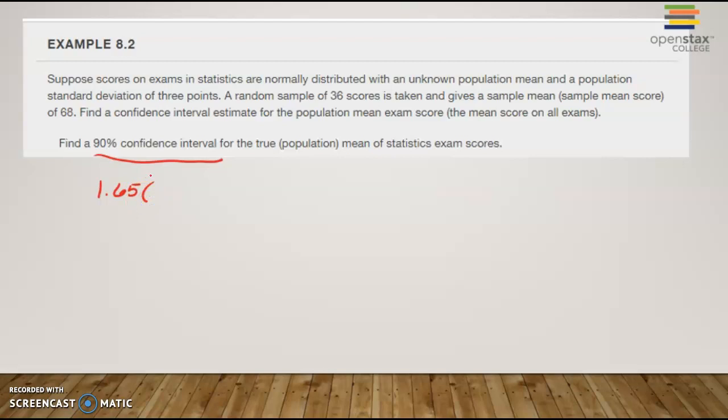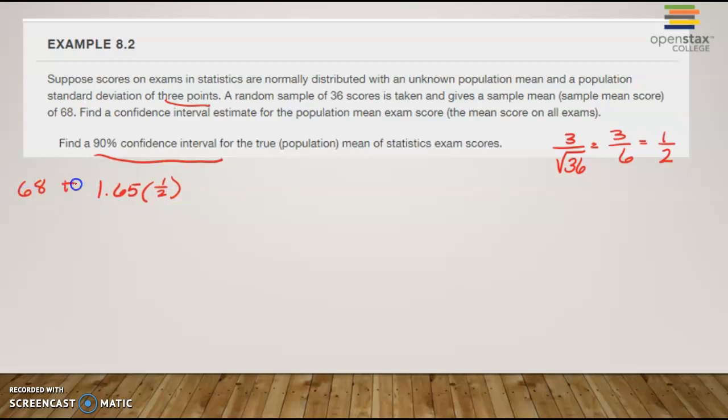And it's going to be multiplied by the standard error of the mean. So we've got 3 points as your standard deviation, and we took 36 scores. So this is 3 divided by 6, or 1/2. So we've got this times that. Okay. And the 68 is your mean.